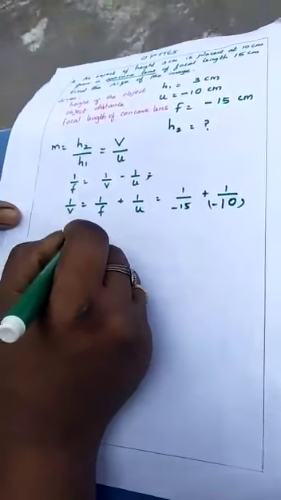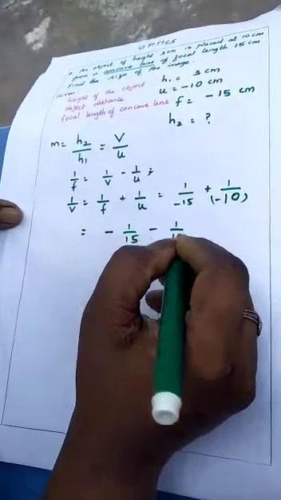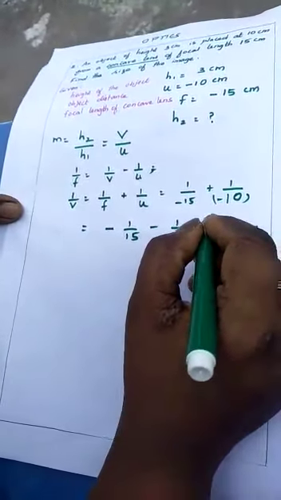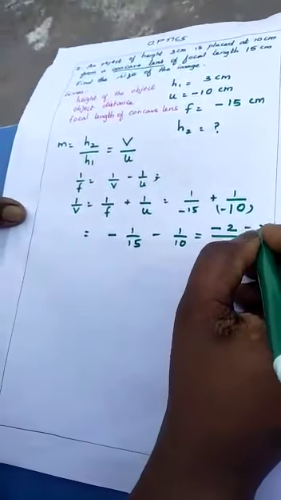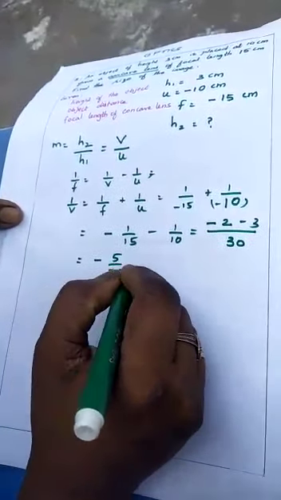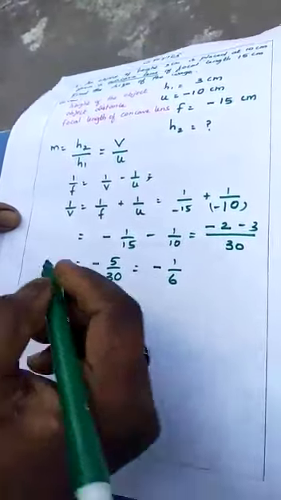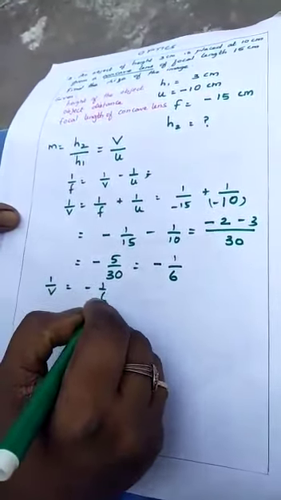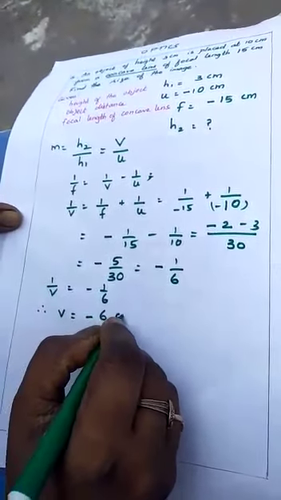So now it is minus 1 by 15 minus 1 by 10. Take LCM 30, so minus 2, minus 3, we get minus 5 by 30, that is equal to minus 1 by 6. So 1 by v equals minus 1 by 6. Therefore v equals minus 6 centimeter.